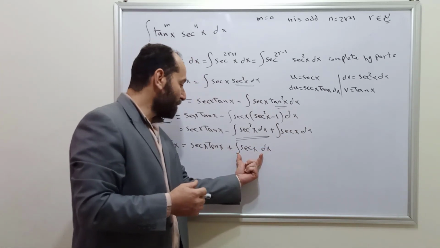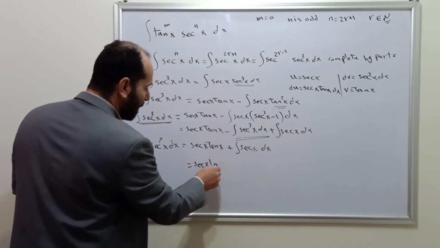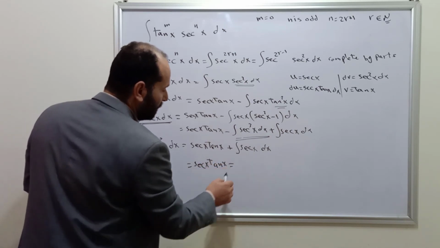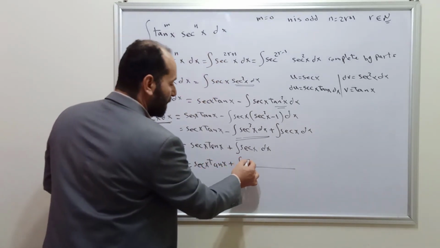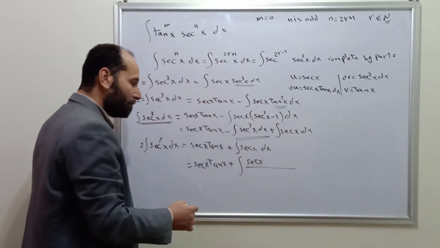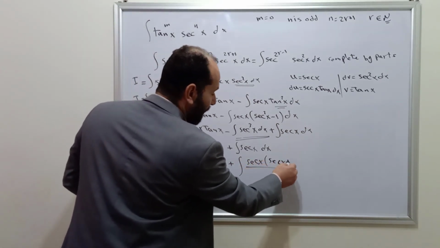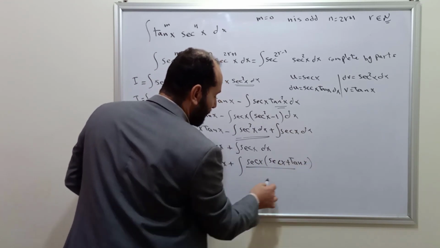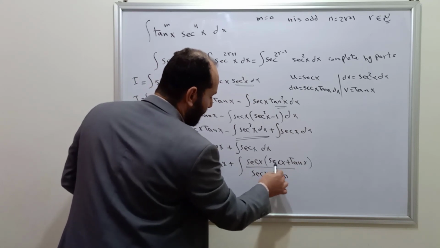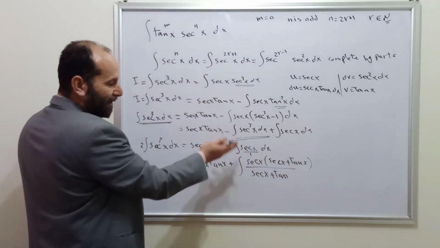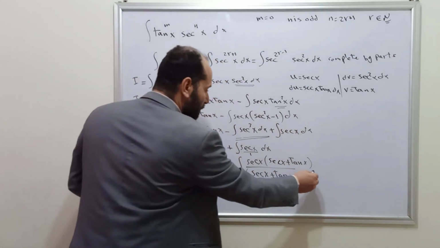And we can find the integral of sec x by using sec x and multiplying by sec x plus tan x in both the numerator and denominator.